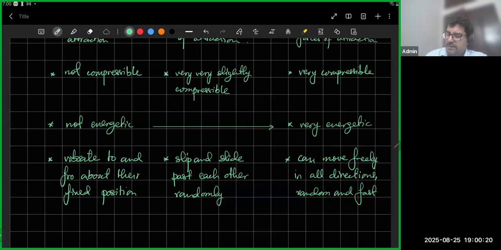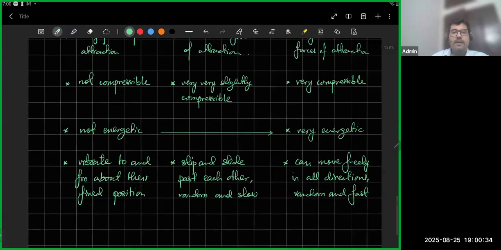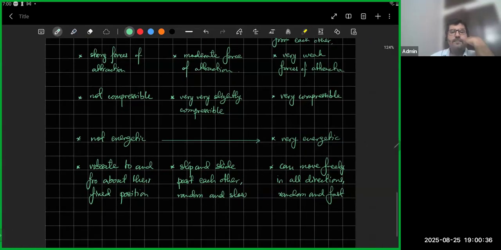In liquids, the movement of particles is random and slow. So it's random and slow.